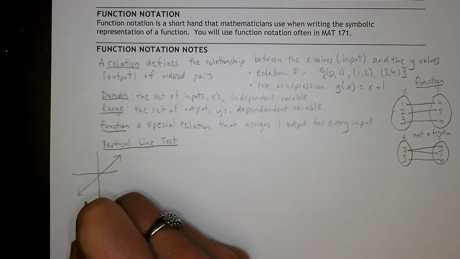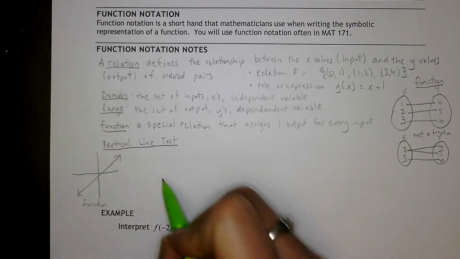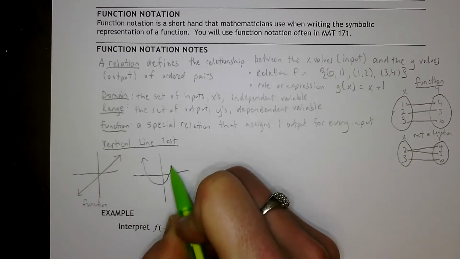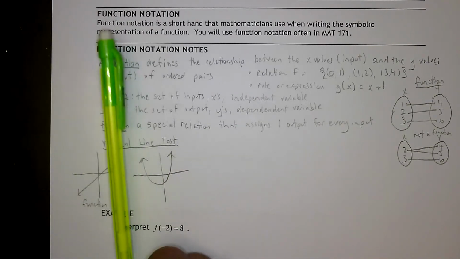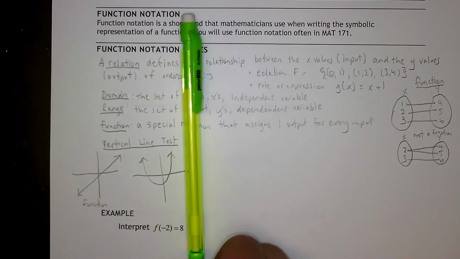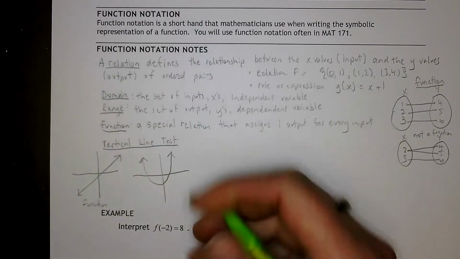So this is definitely a function. A line is absolutely a function. We have a parabola. Now this is a pretty bad graph, but we're going to assume it is an actual parabola. If I go from left to right, my parabola does not touch my pencil more than once at any time.